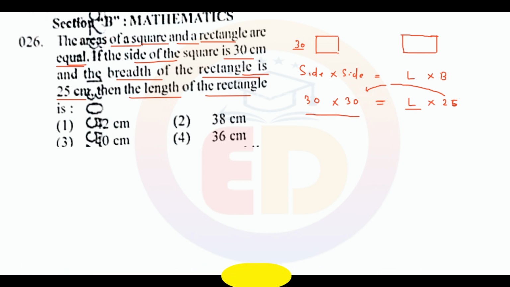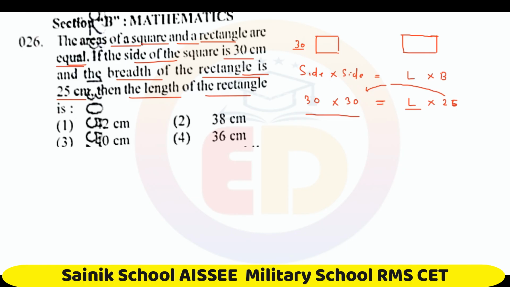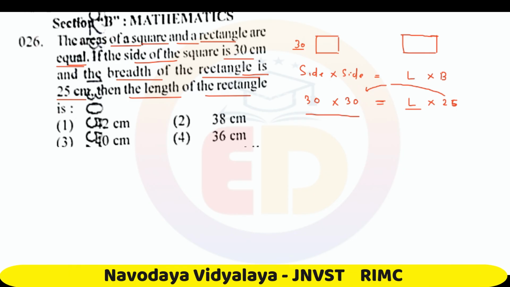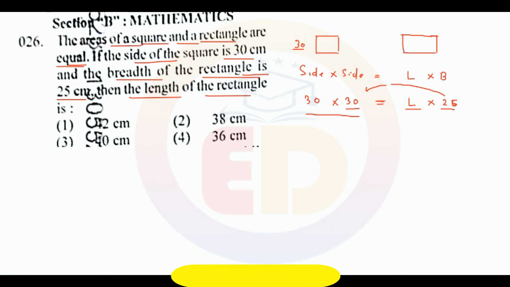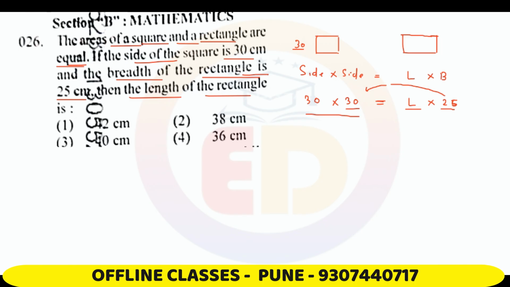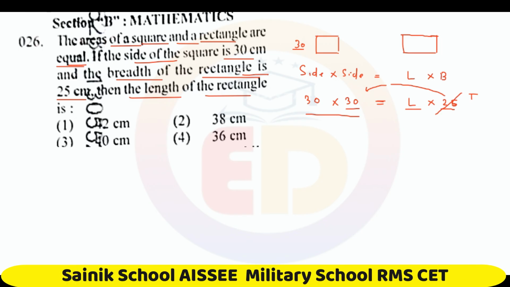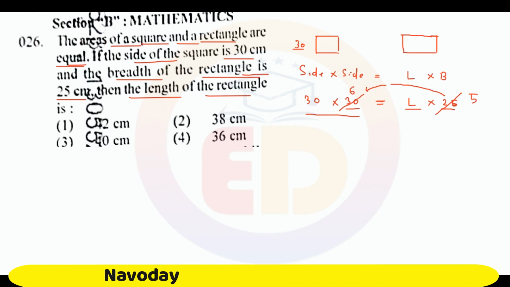So for this, what we will do is, we will not transpose the term, we will cancel it from right hand side. As 25 is going to be in the denominator and 30 is one of the numerators, simplify both of them by 5. 5 5s are 25 and 5 6s are 30.